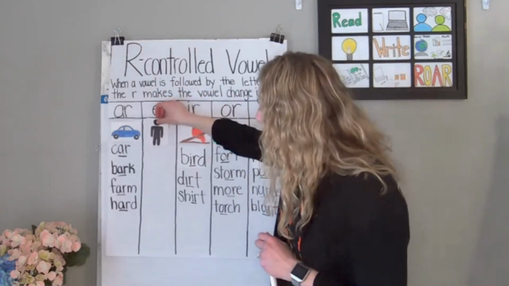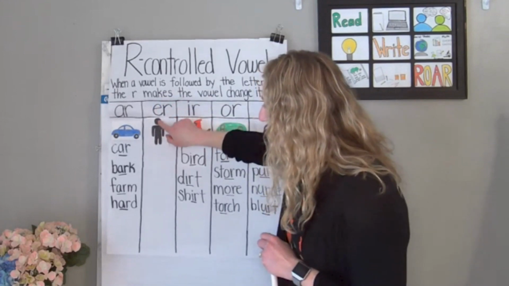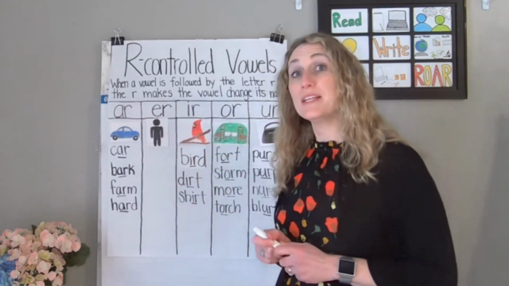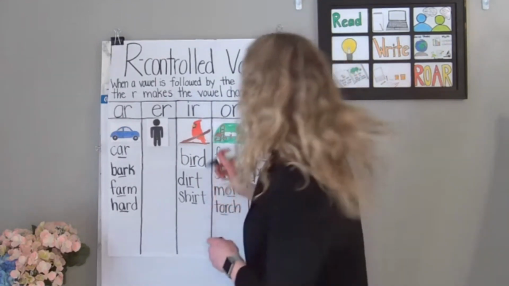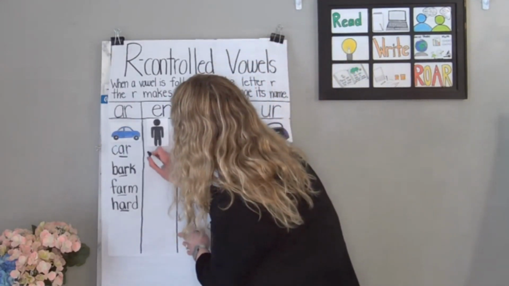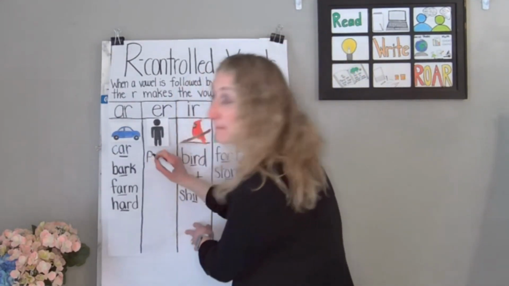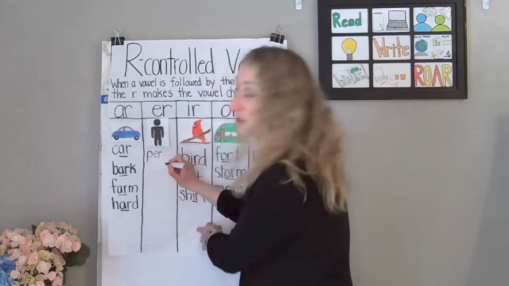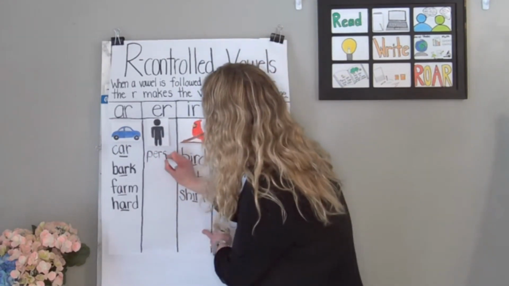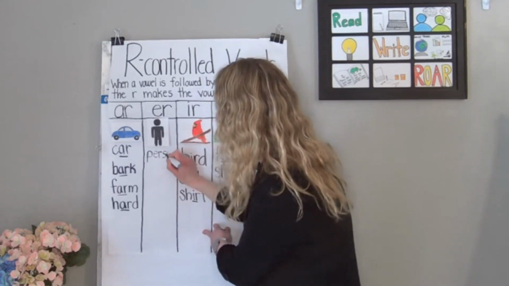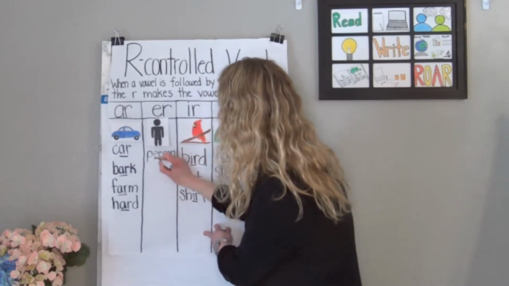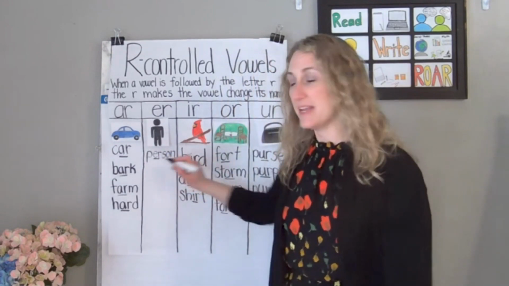I'm going to put our picture here of our person, and I'm going to write the word person underneath so you can see where that ER sound is. There's that sound made by ER.